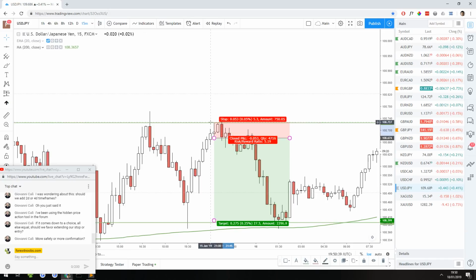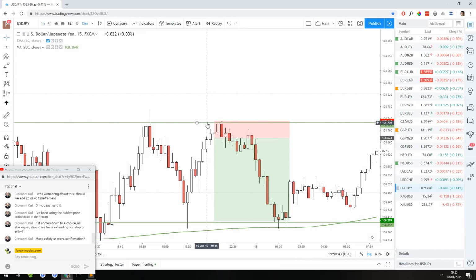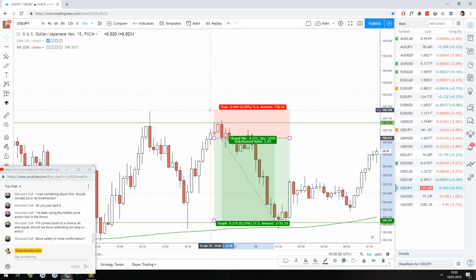Then I look for a significant high, which you could say would be the high of the indecision candle. But if we look to the left, it spiked up to here recently. So let's see if we can get it up to there. Yep, we can. So we can get a pretty safe stop loss there. We can get it beyond that high.